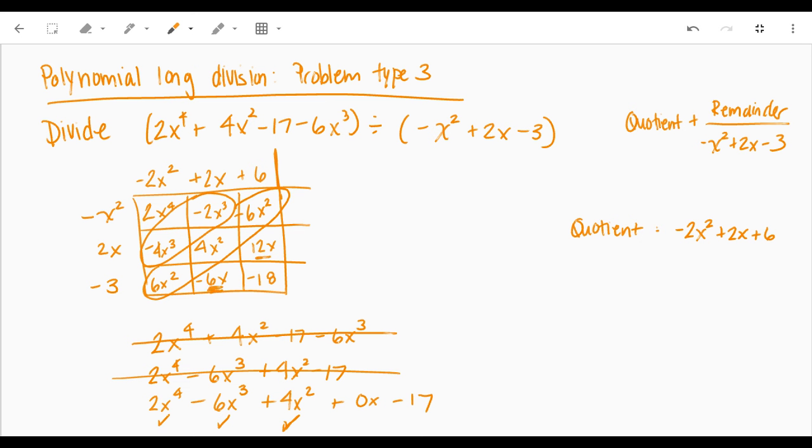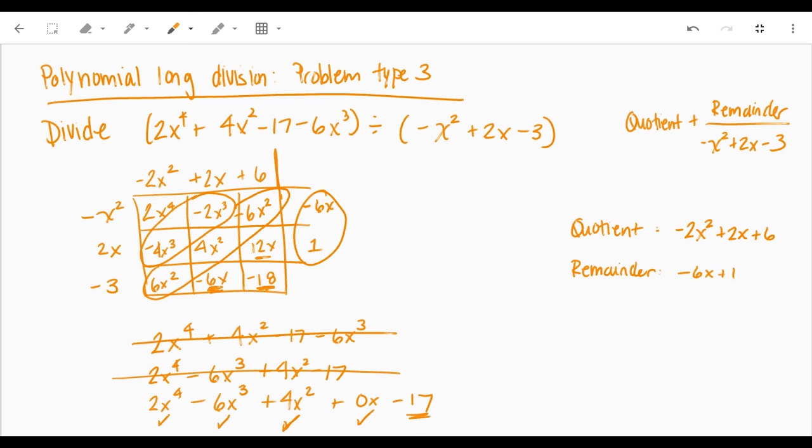So that is 6x. I want 0x, so I need a remainder of negative 6x. That'll get me my 0x. And I have a negative 18 in my box here, and I want negative 17, so I need a positive 1, plus 1. So this is my remainder. My remainder has 2 terms in it. My remainder will be negative 6x plus 1.